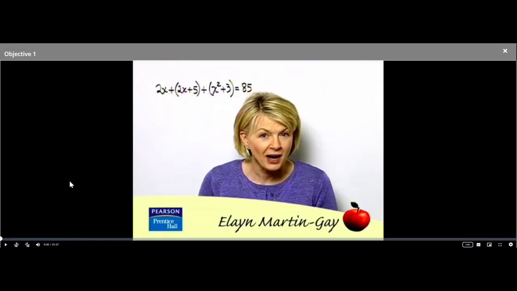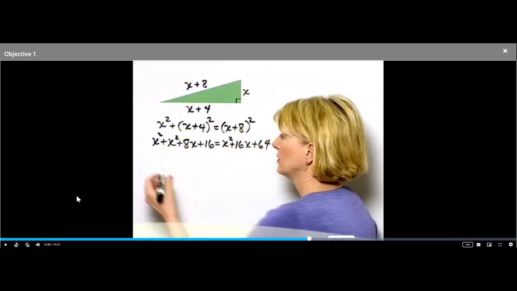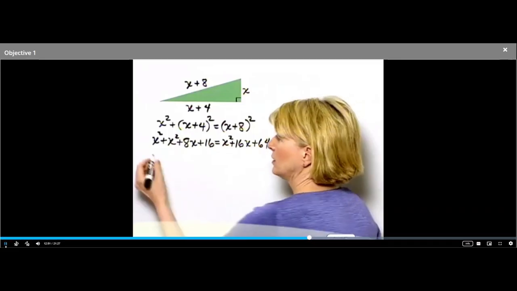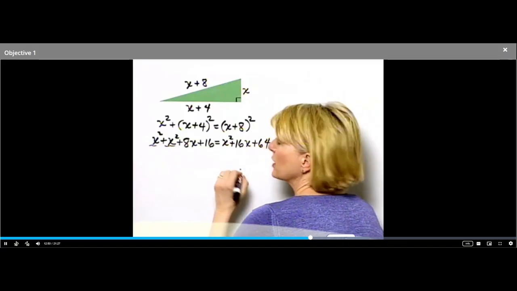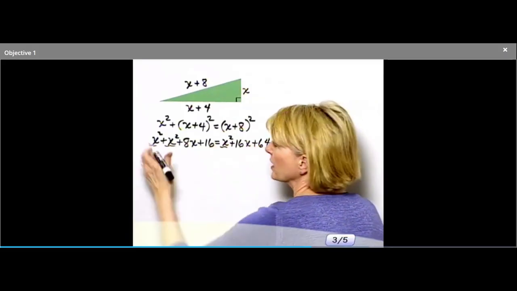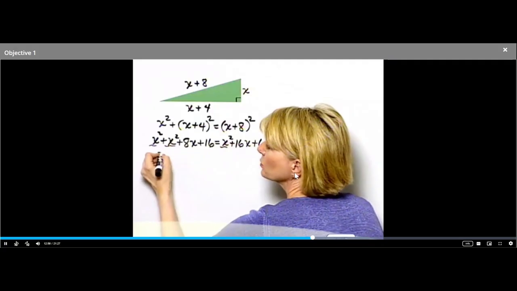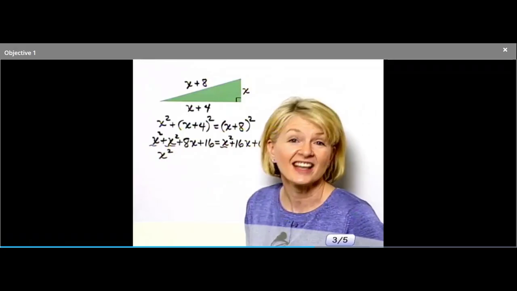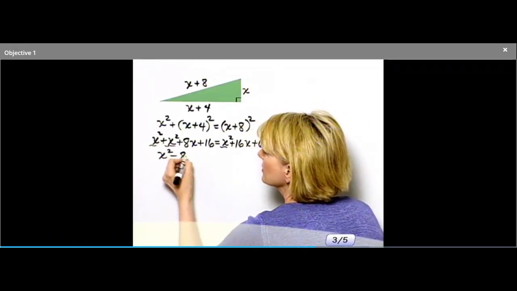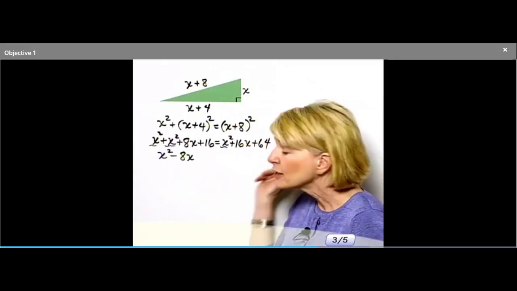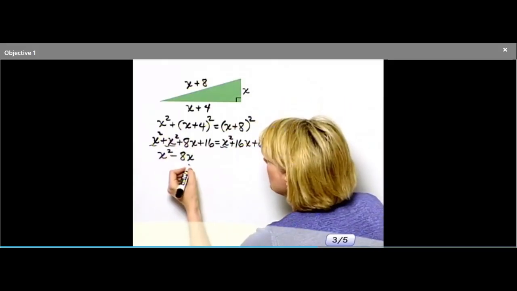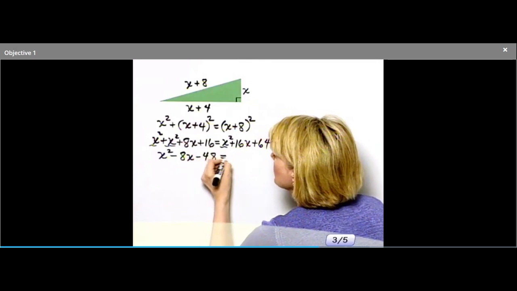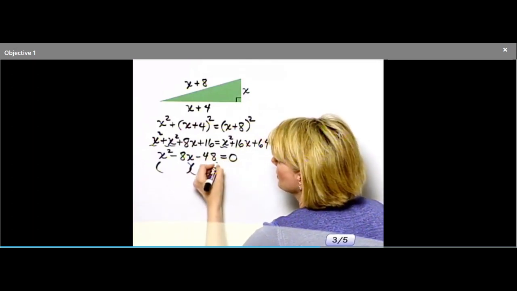That's minus 8x. And then I have 16 minus 64. That is minus 48 is equal to 0.